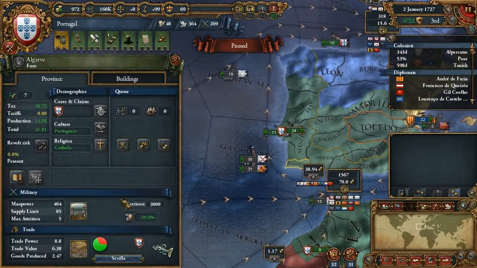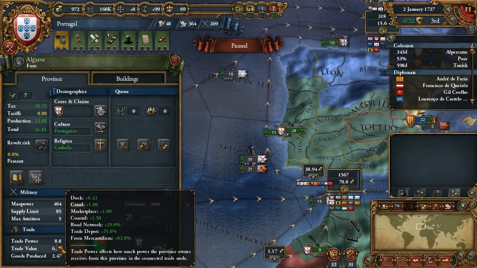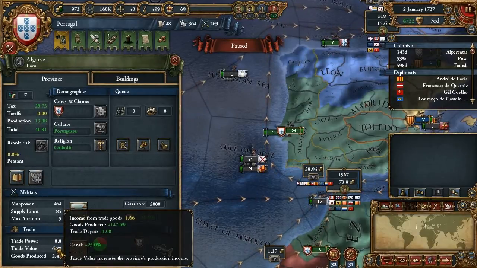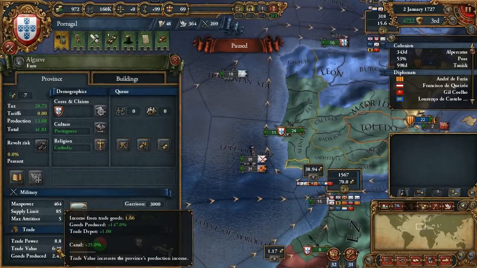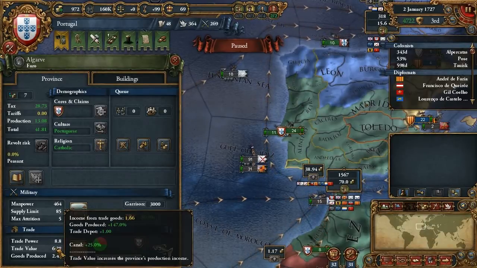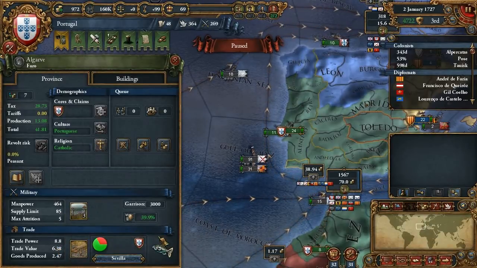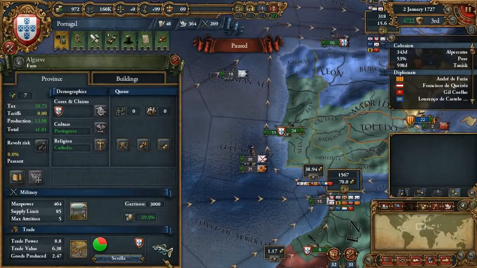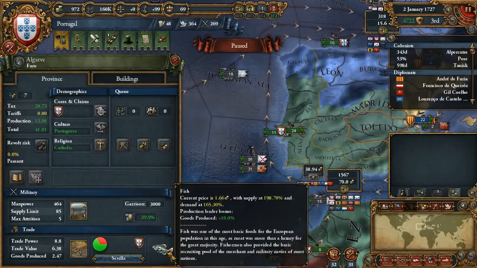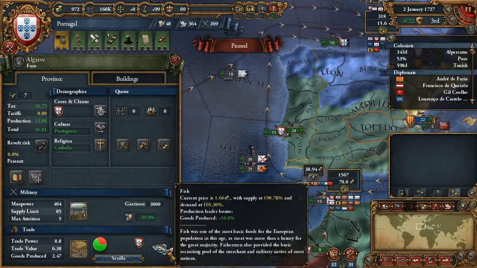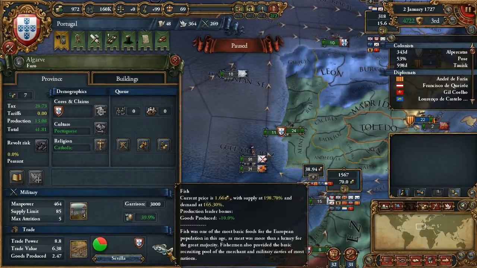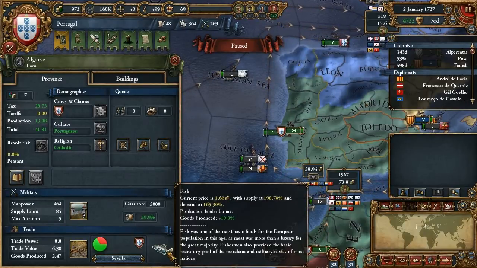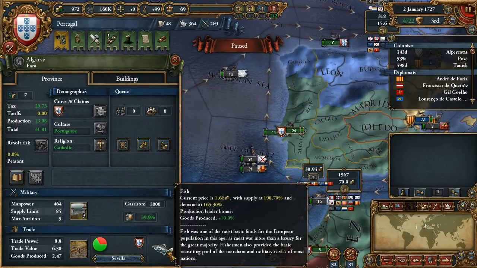First, trade value is a combination of production and buildings. By production, each province has its own resource, like say here fish, and it says the current price is 1.6 for fish. The price of a trade good is determined by supply and demand.